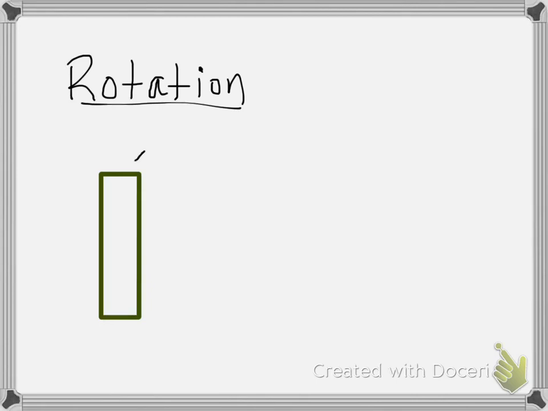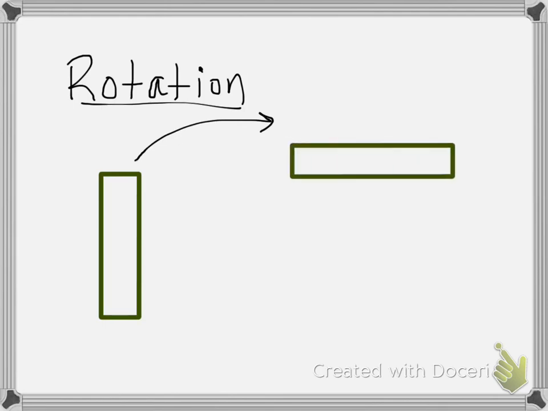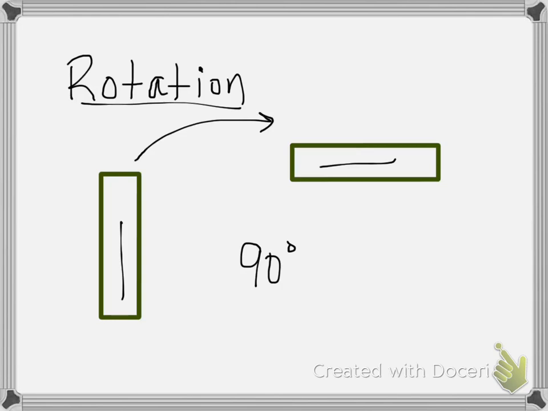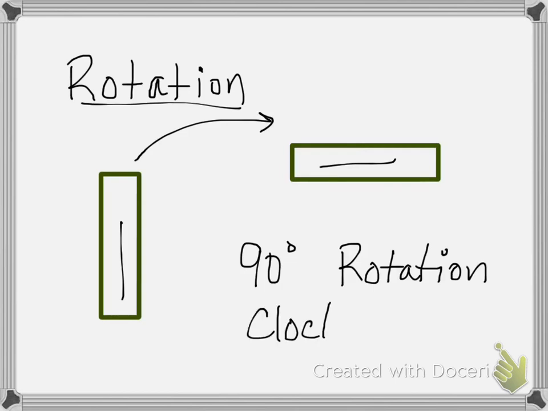Say we rotate it 90 degrees, my rectangle is going to look like this. Again, the size of the rectangle does not change at all. The rectangle is just rotated, and it just changes how it's standing. So here it's going straight up and down, and here it's flat. This would be a 90-degree rotation, and this happens to be in the clockwise direction.